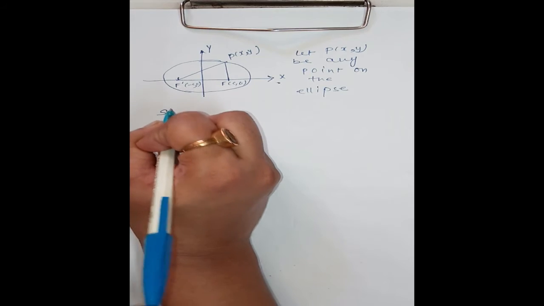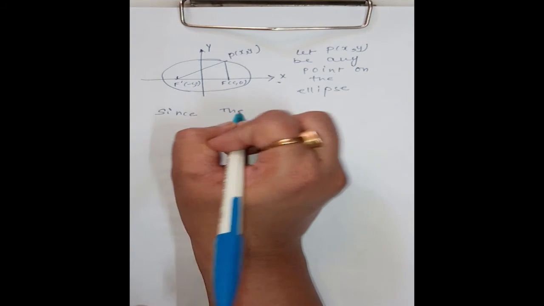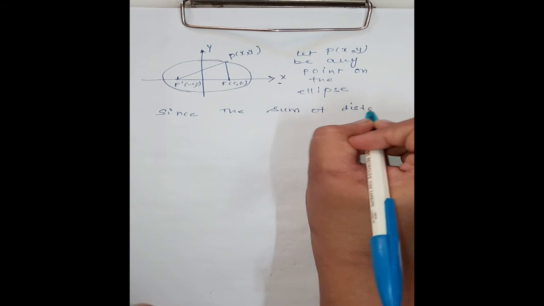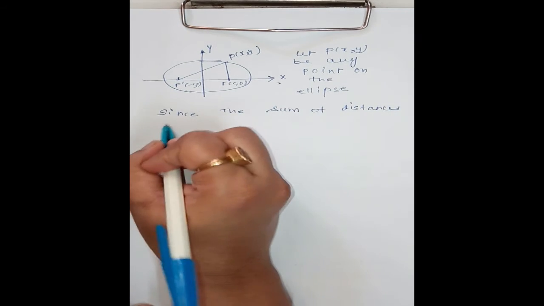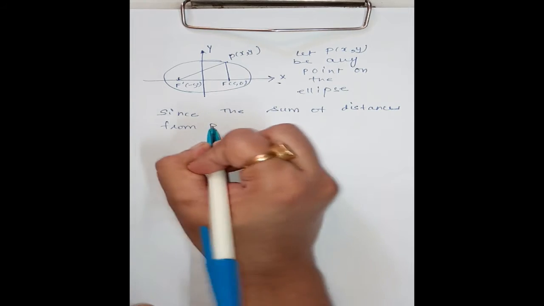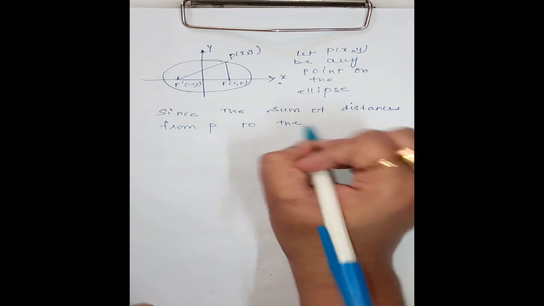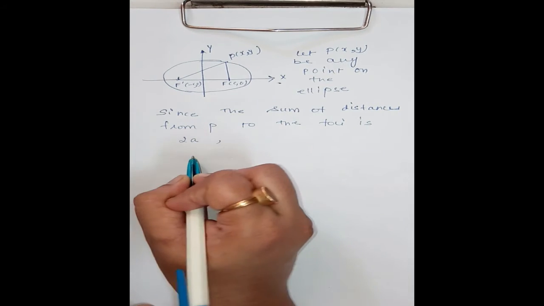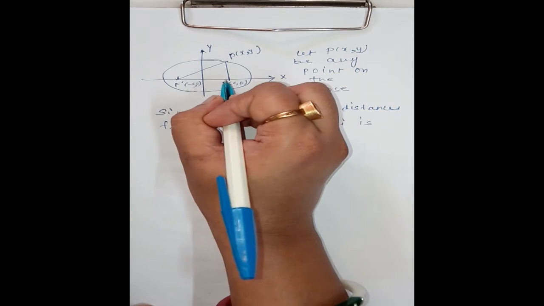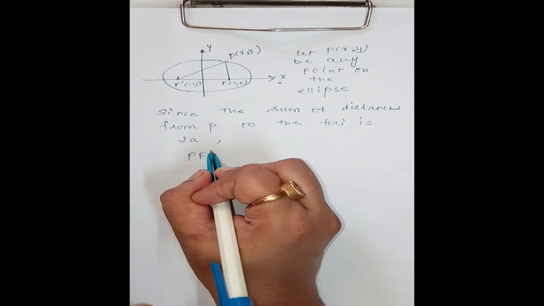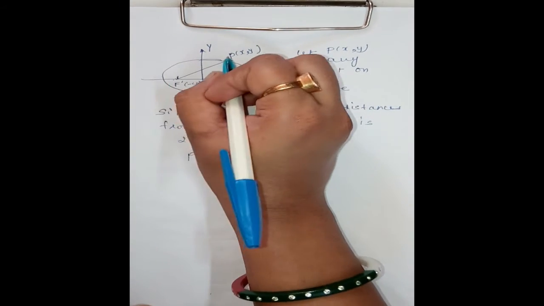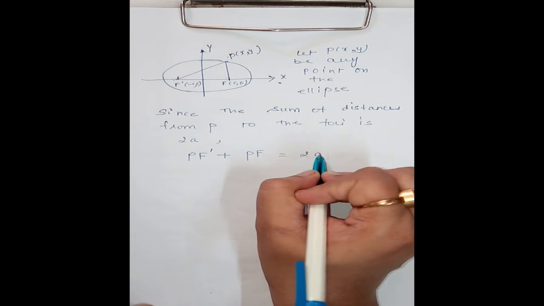Now, since the sum of distances from P to the foci is 2a, we have PF dash plus PF is equal to 2a.